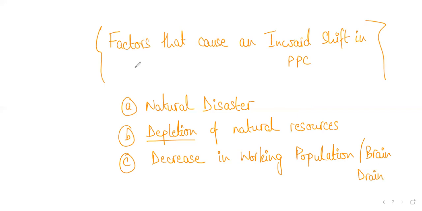Brain drain is basically a term used to define how people of developing countries, because normally brain drain happens in developing countries, leave for more developed countries in search of better economic opportunities, in search of better livelihood and all that. Is it making sense, students?